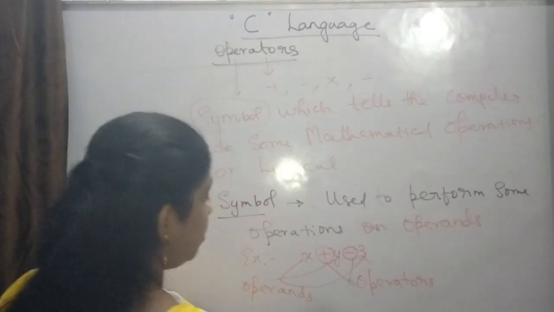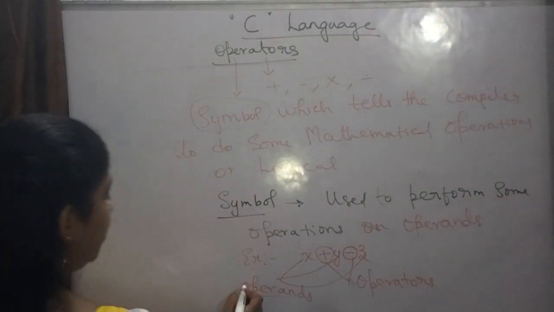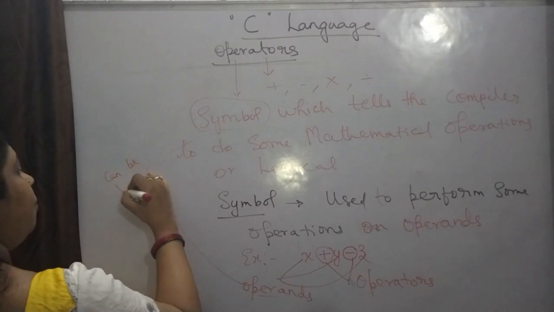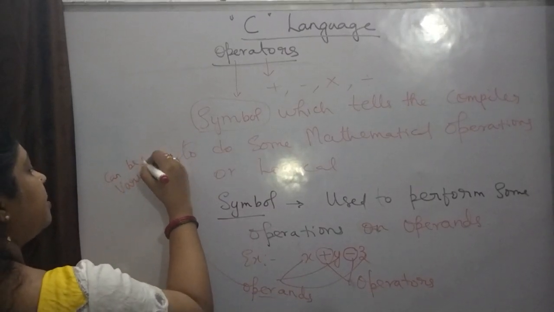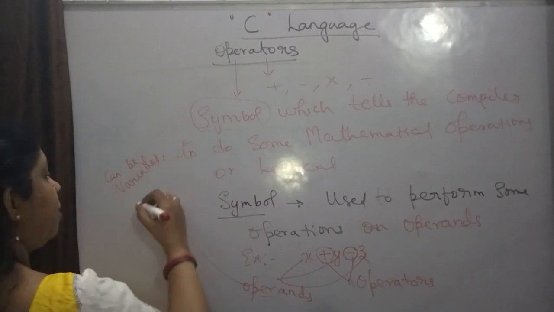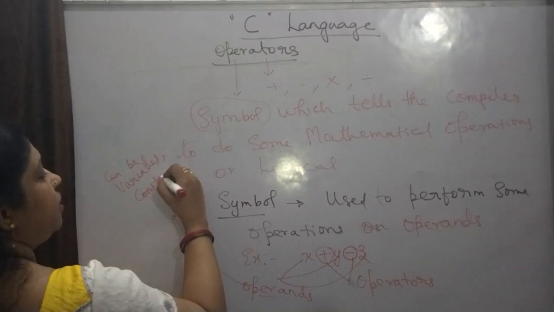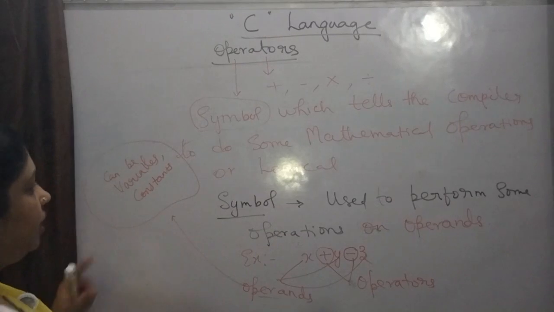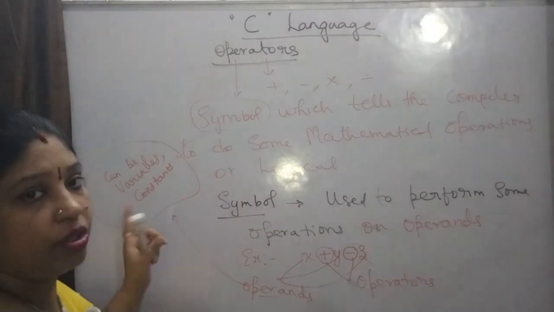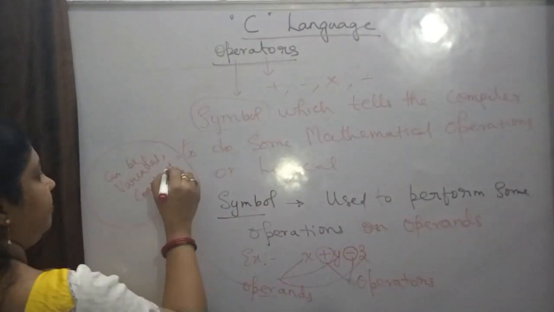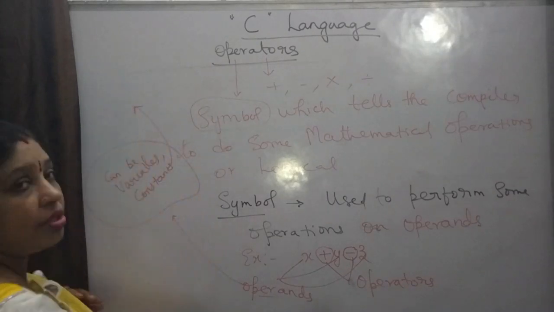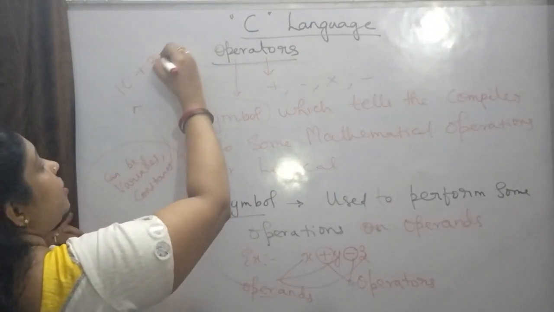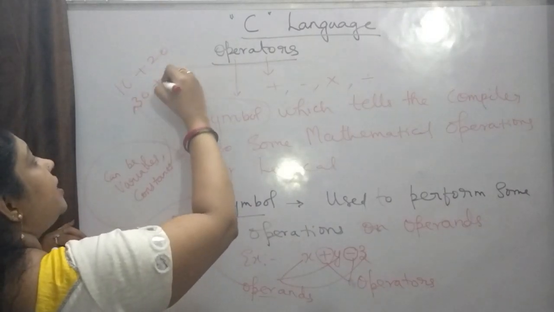Now these operands can be variables or constants. What are constants here? Constants will be like this: 10 plus 20, 30 plus 50.